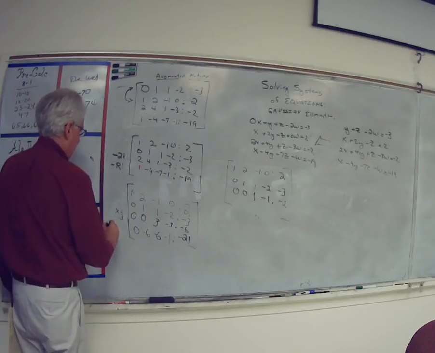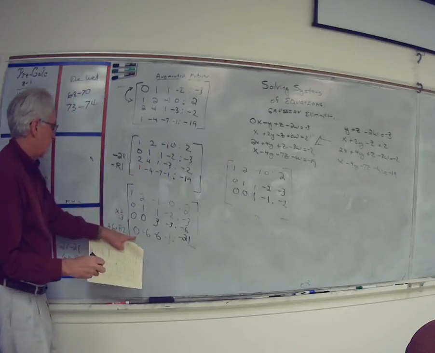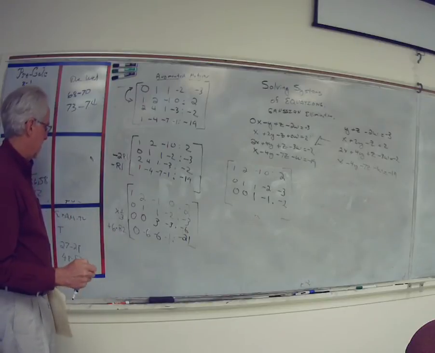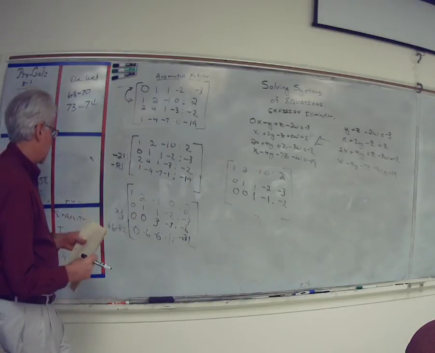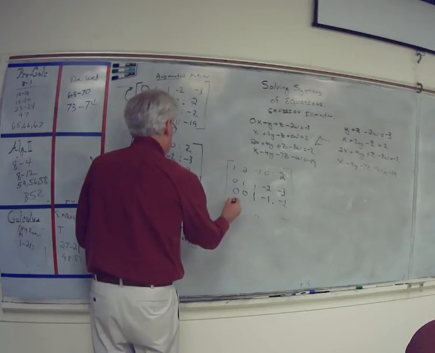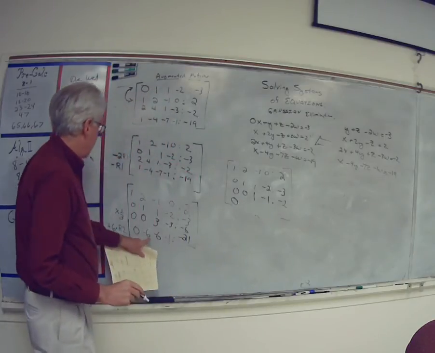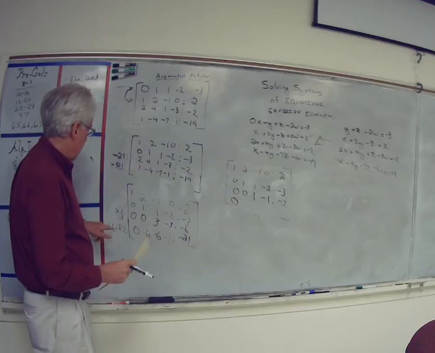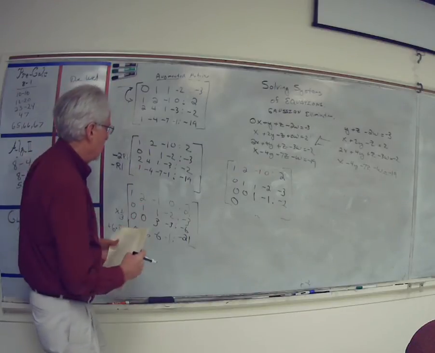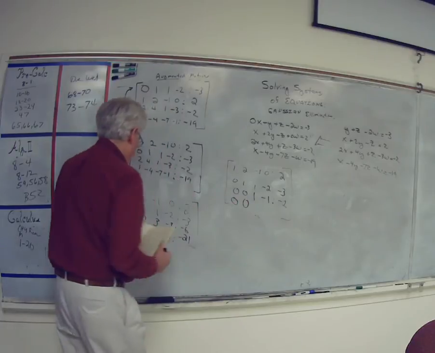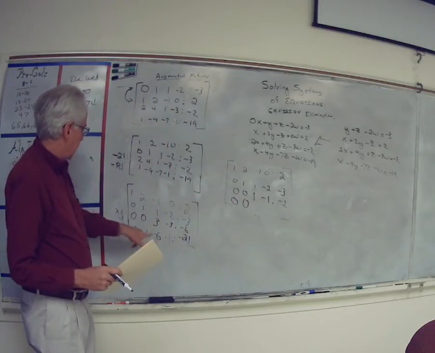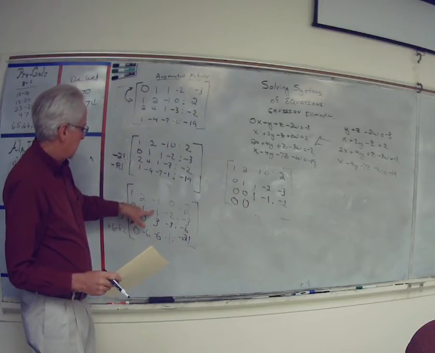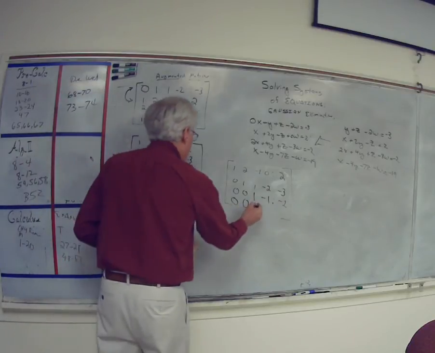So I'm going to add 6 times row 2 to this row. That is going to be a 0, okay? And then negative 6 plus 6 times 1 would be 0.